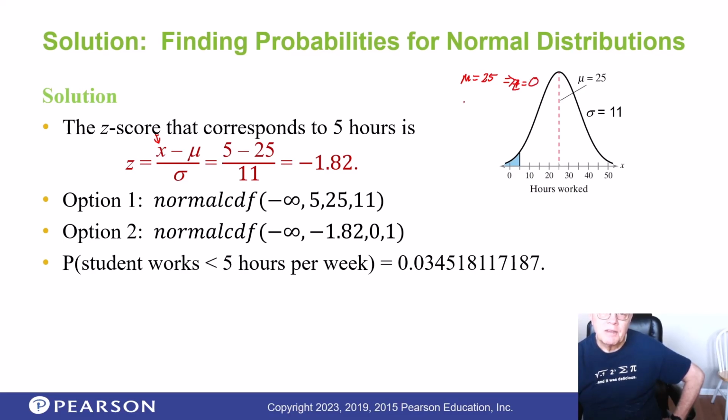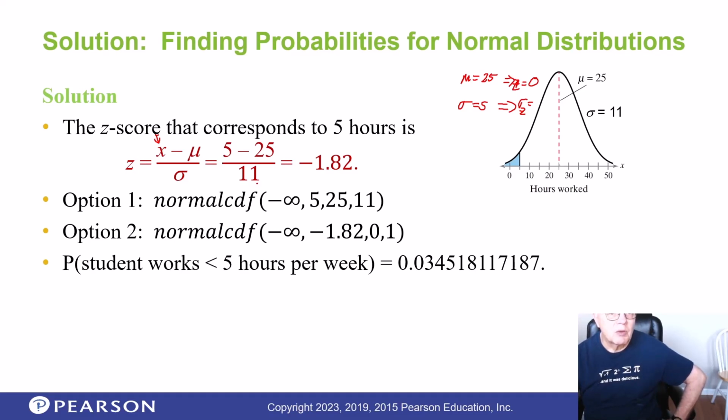The standard deviation for this one is 5, and that is a standard deviation on the z curve of what? Well, we'll find out here. Put the 5 in here, subtract the mean from it, divide by the standard deviation.